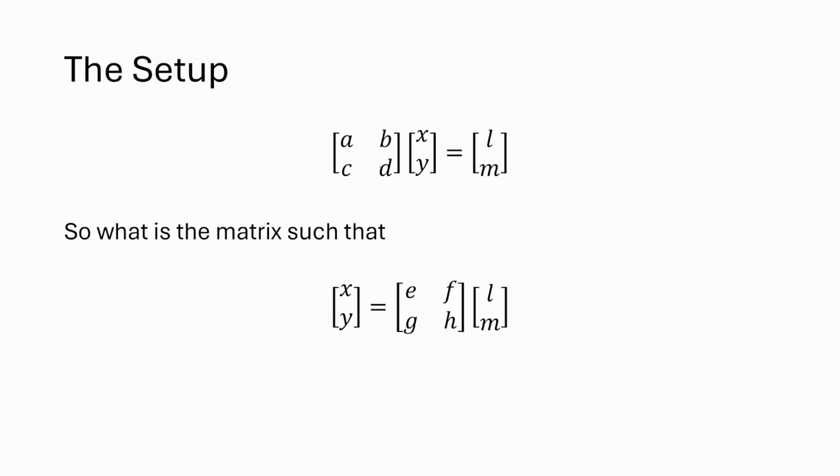And that means that the solution to this set of equations will be the inverse of ABCD times the inhomogeneous vector LM. Which means that in order to know what the inverse of a 2x2 matrix is, if we solve these equations for X and Y, then the coefficients that we get will be the elements of the matrix inverse.